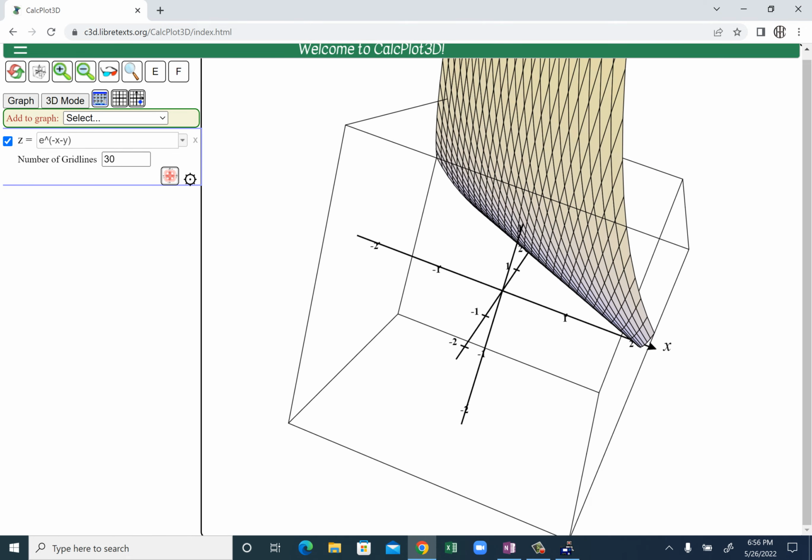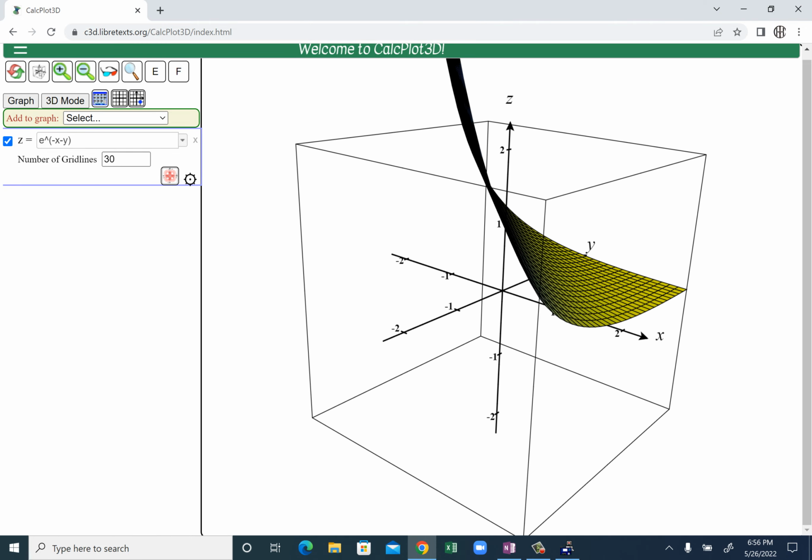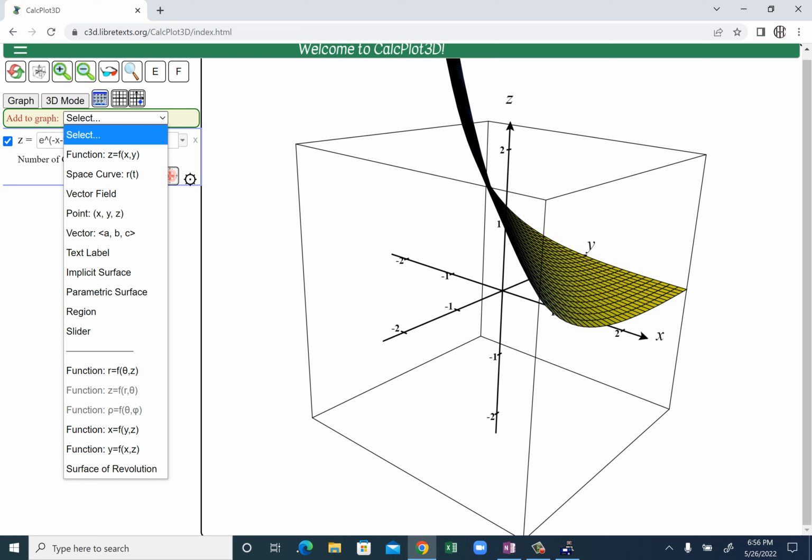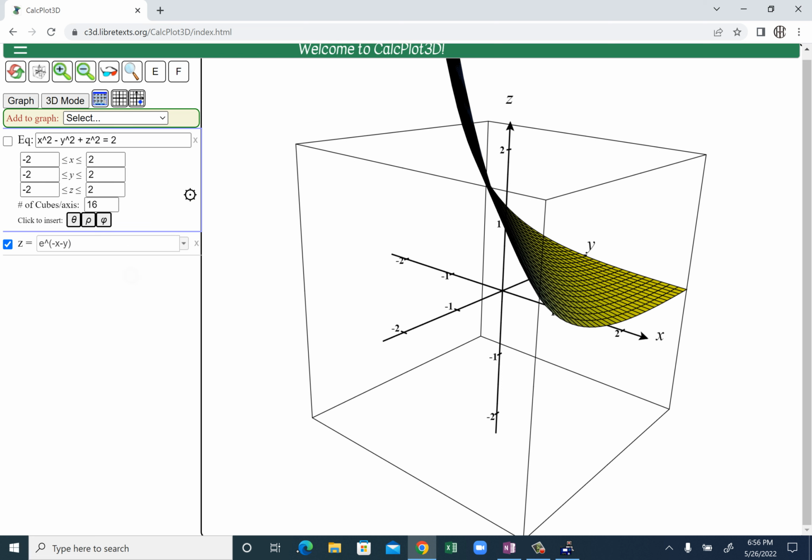And then let's just say x plus y equals 2. And you're like, well, how am I going to put that in? I'm going to put it as an implicit surface. So I'm going to put x plus y. Oh, is it 1? I'm sorry, it's x plus y equals 1.